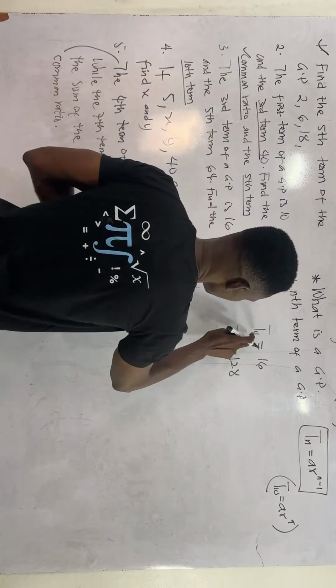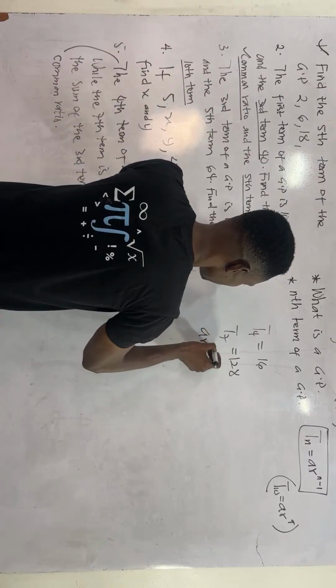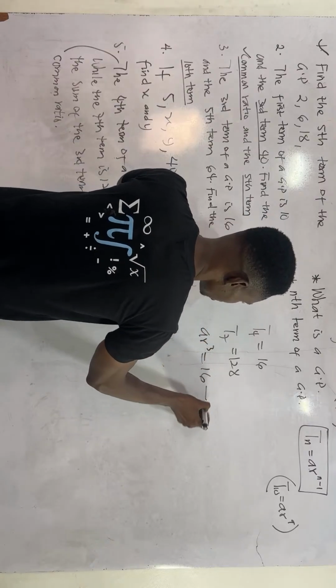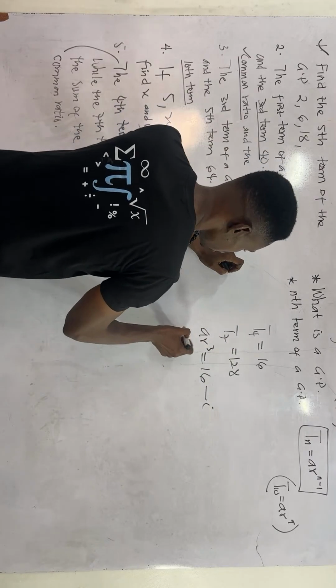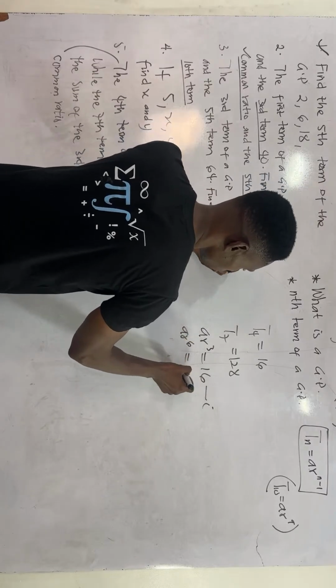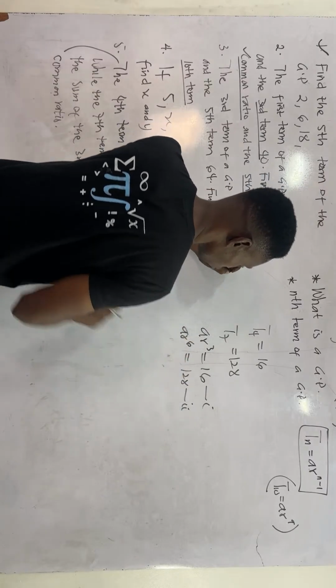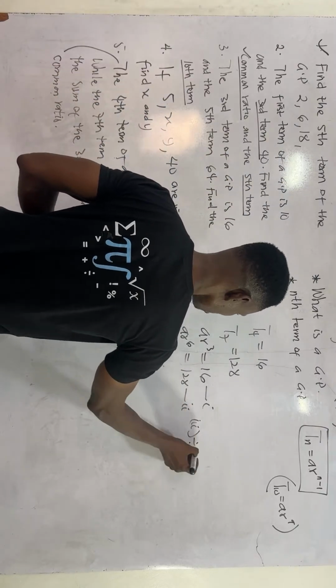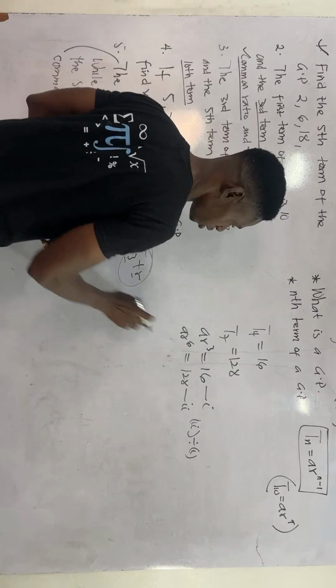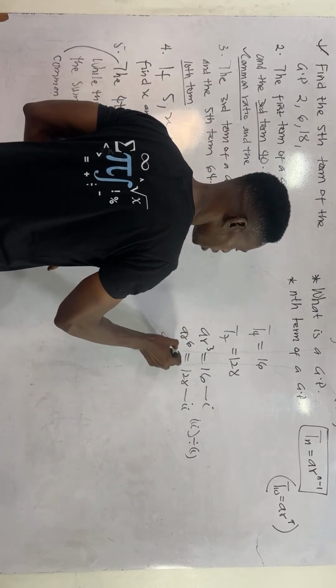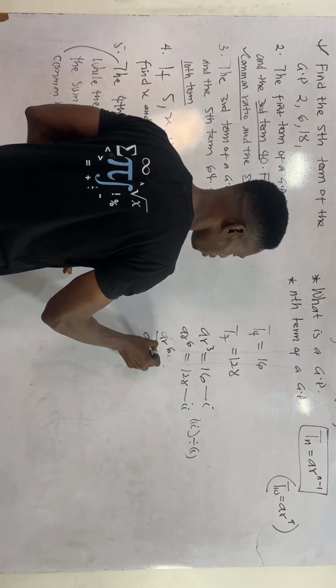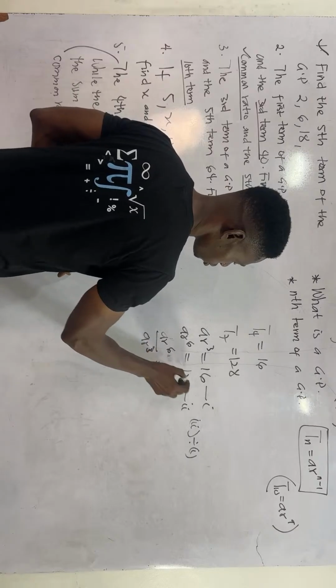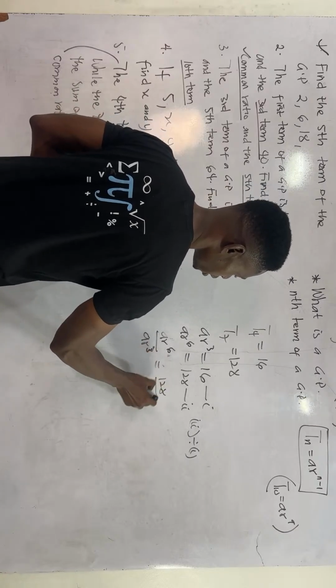Okay, so fourth term. Remember, T4 is AR3, right? Equals to 16, equation 1. T7 is AR6 equal to 128, equation 2. So without wasting time, remember it is equation 2 divided by equation 1, right? So from this end, we have AR6 divided by AR3 equals to 128 divided by 16.